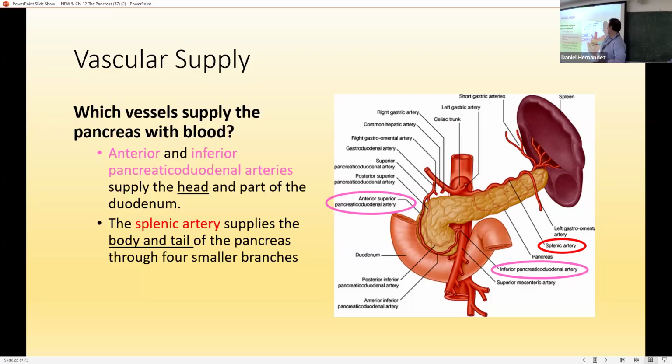So if we ever have any issues with the SMA being occluded or blocked, we can still supply the pancreas via that branch coming off the superior mesenteric artery. So there are connections or alternate pathways, they loop around and are interconnected. Think of it almost like the circle of Willis. These vascular arterial pathways are interconnected.